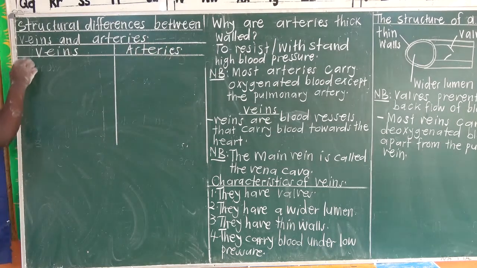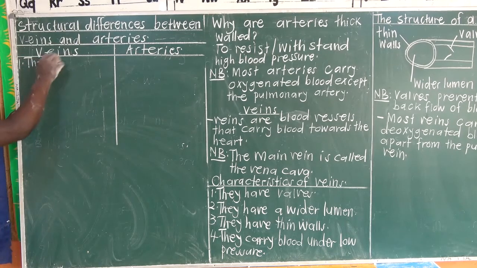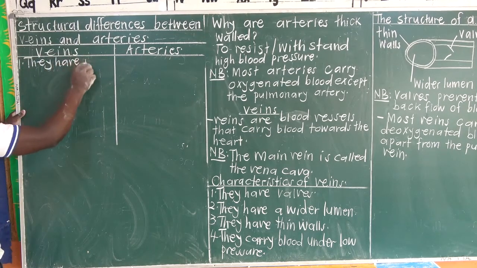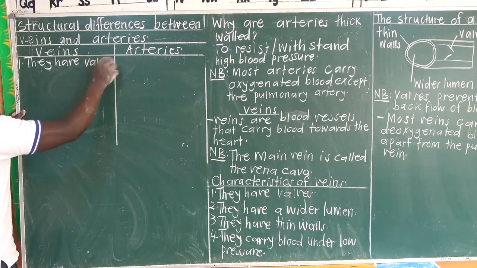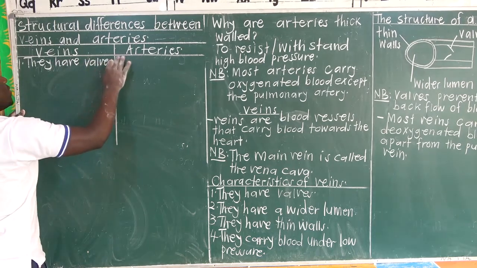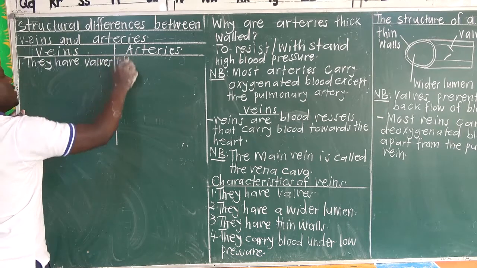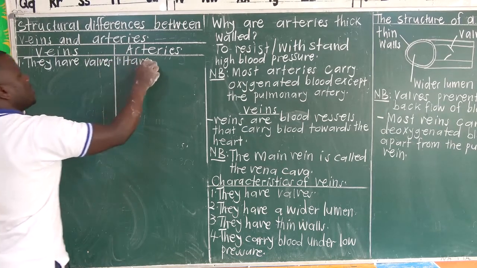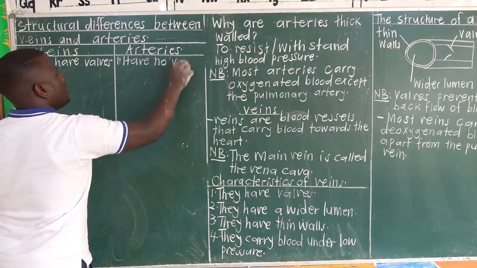So one, veins have valves. Then arteries have no valves.